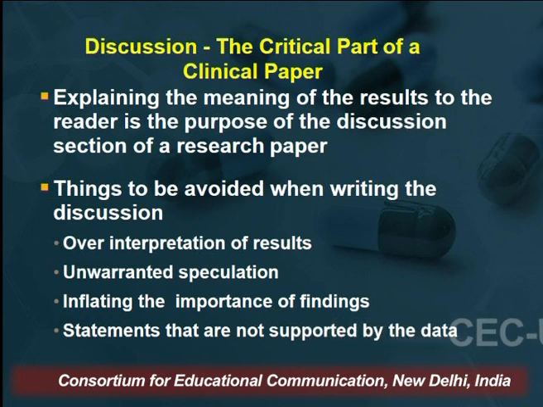There are a few things which need to be avoided when writing a discussion section. Over-interpretation of the results. For example, we tend to over-express or use more adjectives while writing. For example, we write, this was very beneficial in patients.